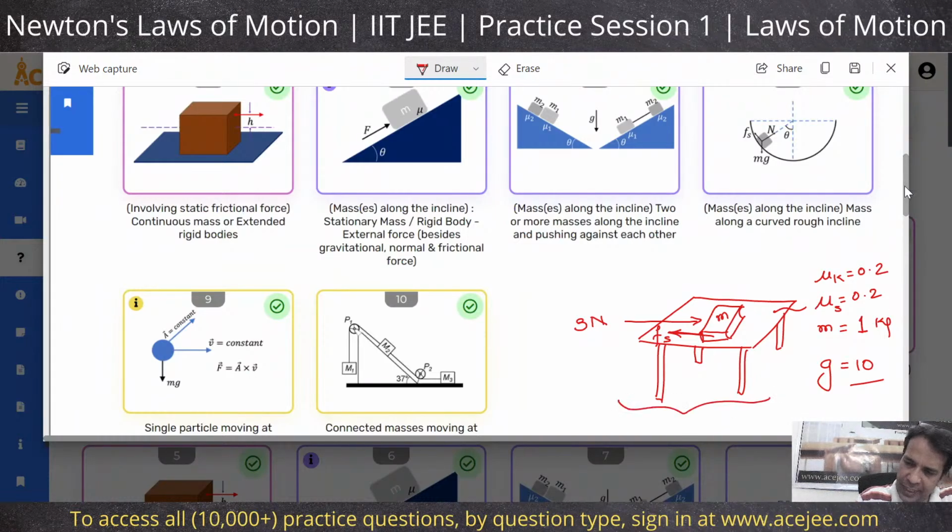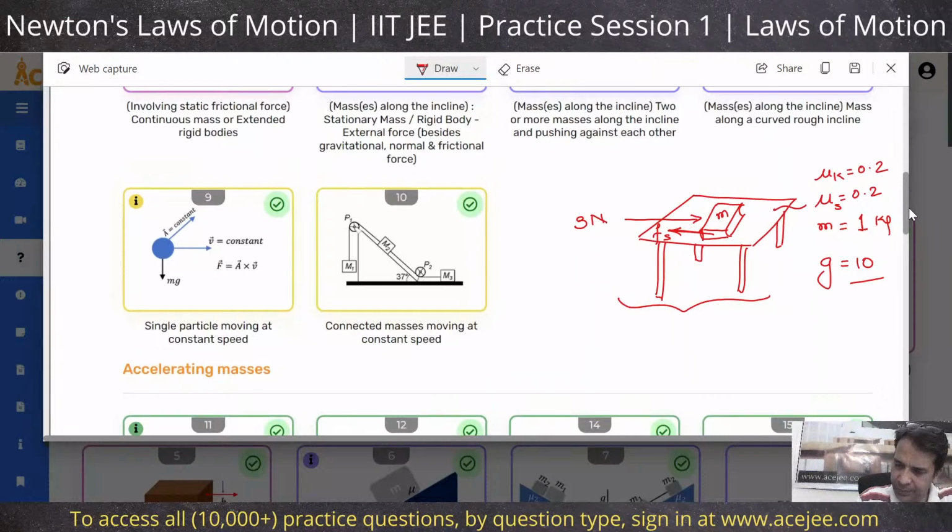Now, what's your understanding of the frictional force, Peter? What is it really? So let's say I have two surfaces. So what causes the frictional force here?